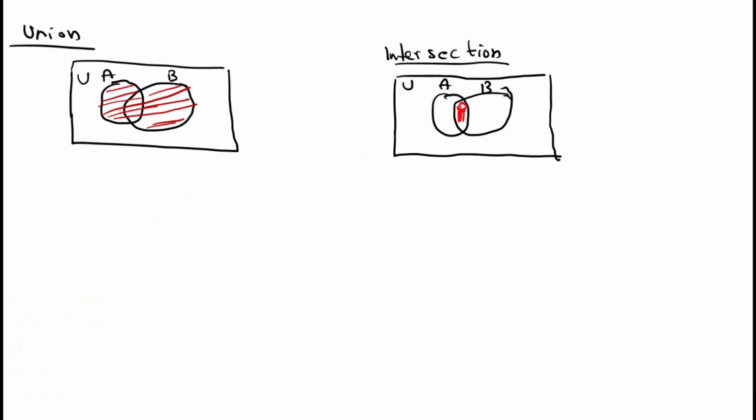This much part is common to both A and B, right? So we call this part the intersection part, the part which is common to both A and B. Here see, this shaded part we call A union B, and this part we call A intersection B.